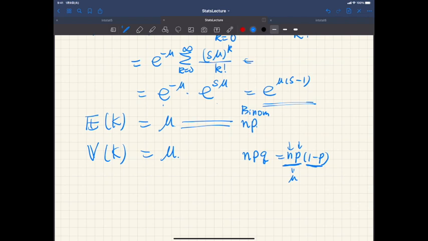But this term, if p goes to 0, then this just converges to 1. So after all, this converges to mu, so it makes sense. So they are actually equivalent in a certain limit.